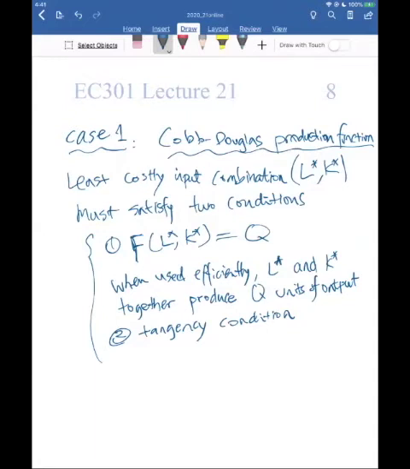We can guarantee that when the marginal product of labor per dollar at this least costly input combination equals the marginal product of capital per dollar.